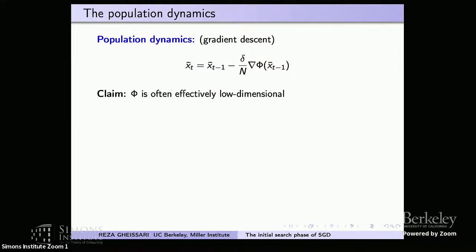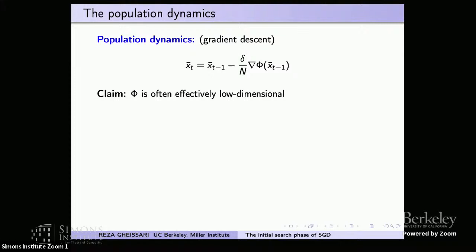If I look at this system where I'm just updating according to this generalization error, what ends up happening in all of the examples I described, or a lot of parameter estimation problems that are kind of simple in some sense, is that you might expect the function phi is effectively low dimensional, even though the empirical risk is a high dimensional function that's very complex.